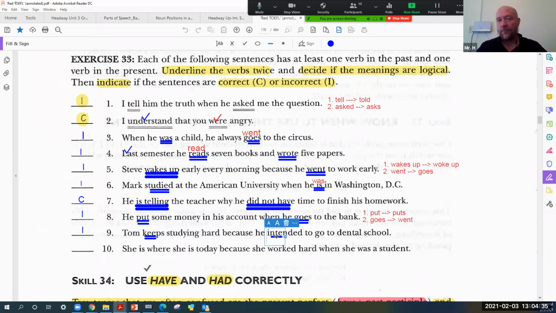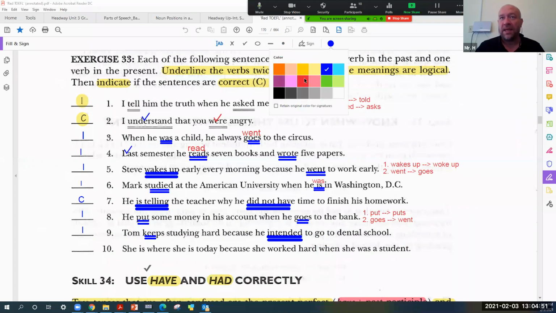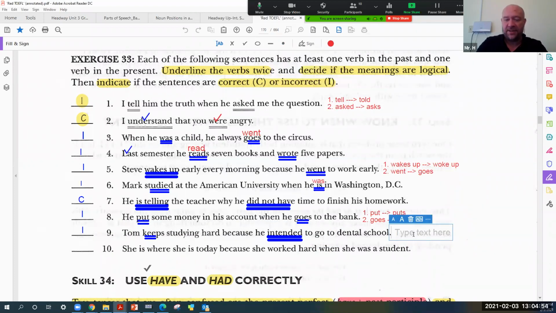Right? Now, what is the meaning of this intended? Do you know the meaning of intended? Like prepare. Intended. Plan. Yes, it's the same as planned. He intended means he planned. Now, why is this sentence wrong? Can you explain that?